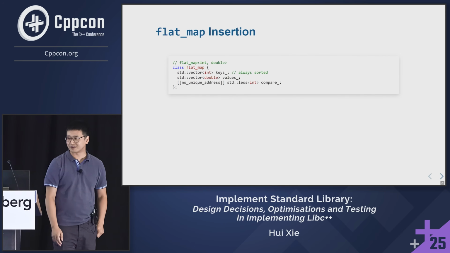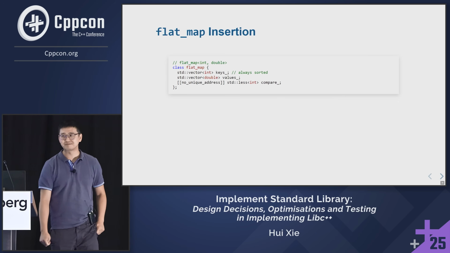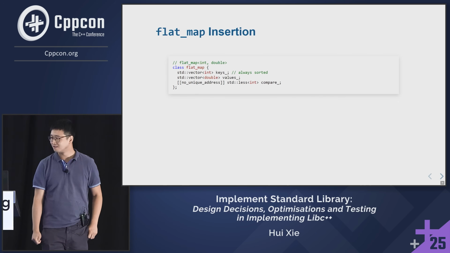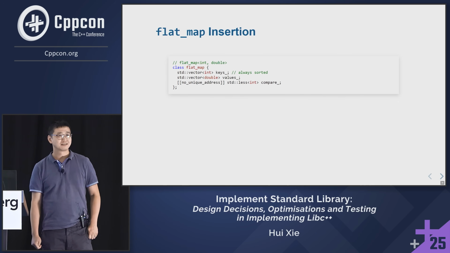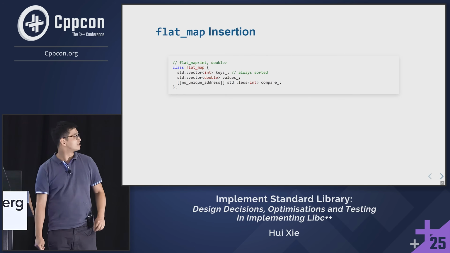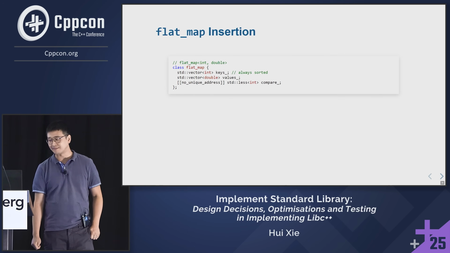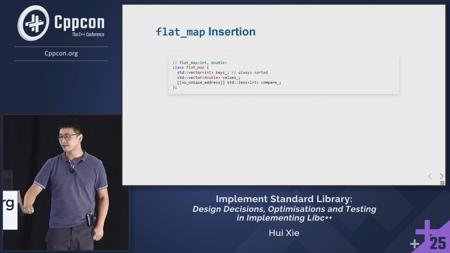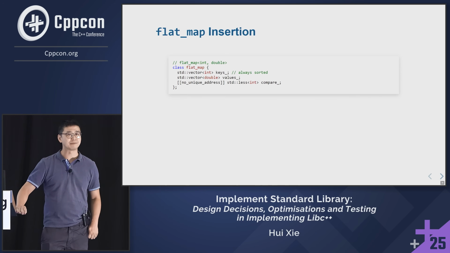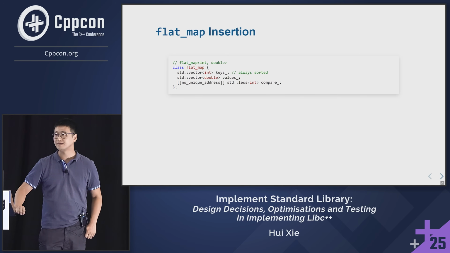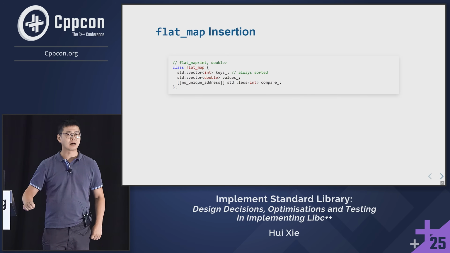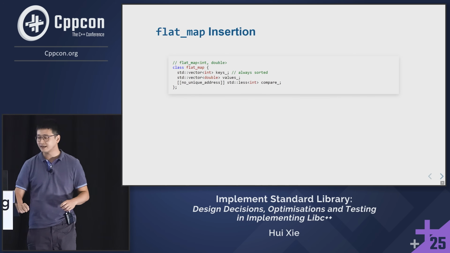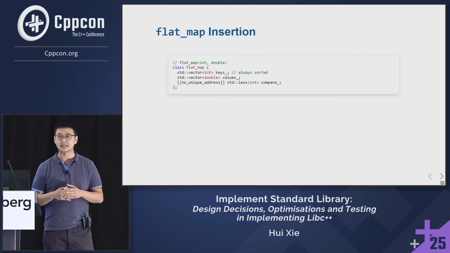Okay, now I'm going to move the topic to containers. So the container I'd like to talk about is flat_map. flat_map is a container adapter added in C++23. It provides the same interface as a standard map, but the difference is that under the hood, instead of storing a tree, it stores two sequence containers.